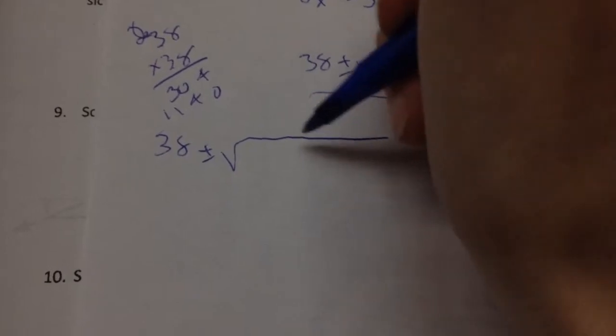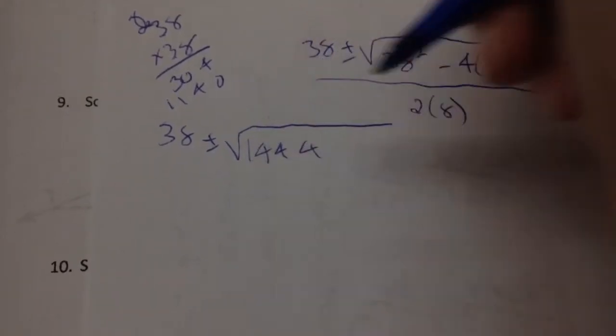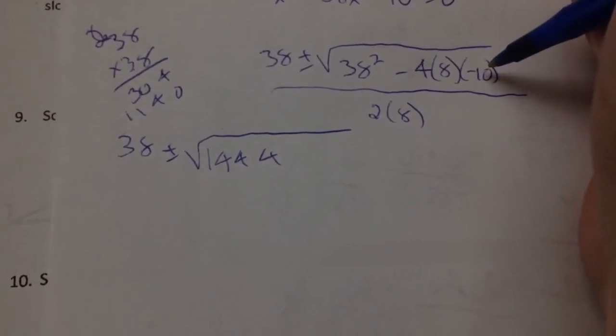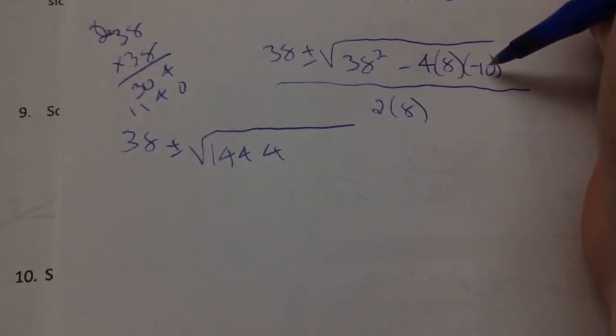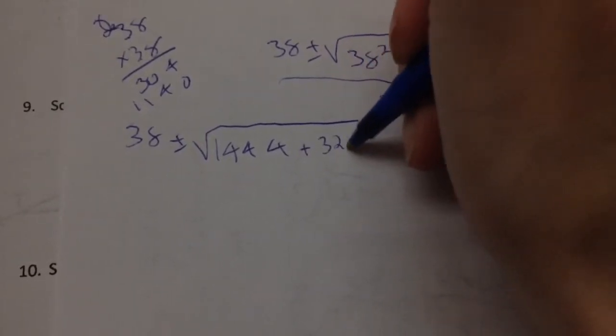That's a big number. So 4, 4, 4, 1. And 32 times 10 would be 3200. And that's going to be positive 3200. All of that over 16.